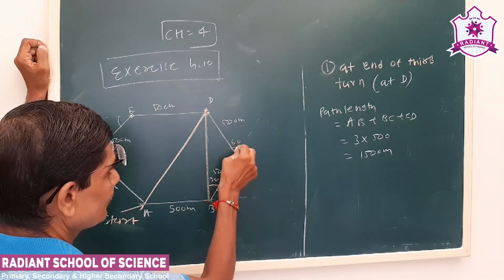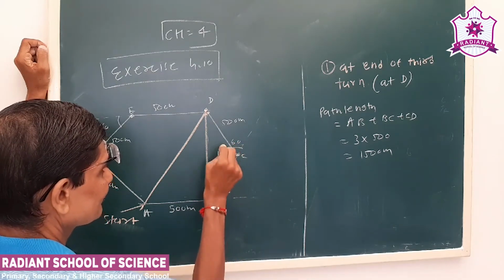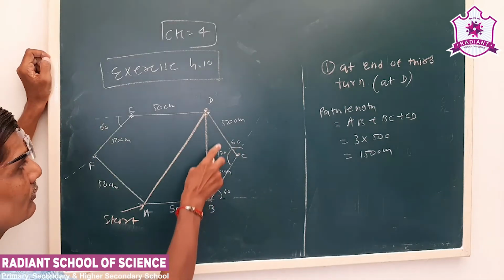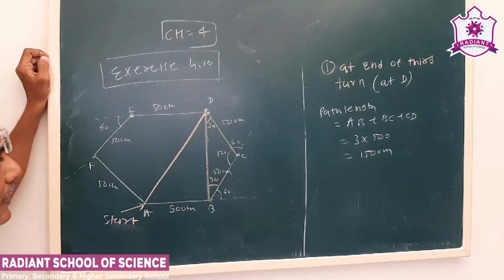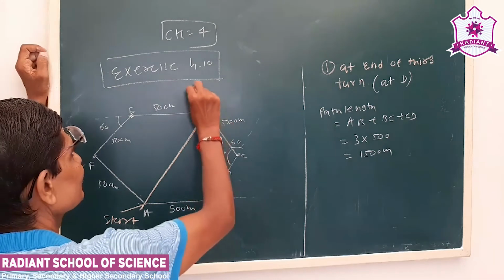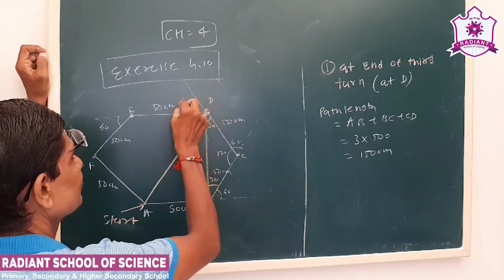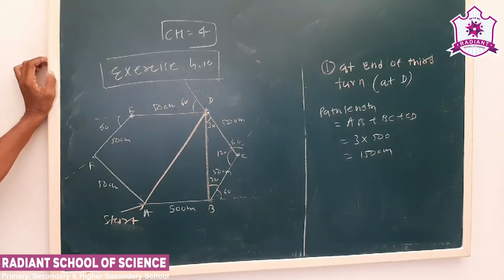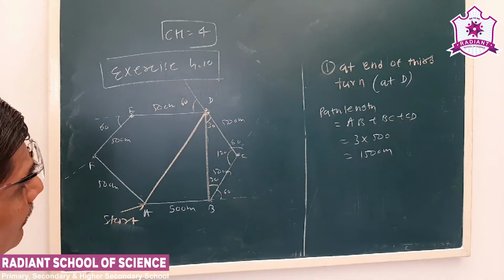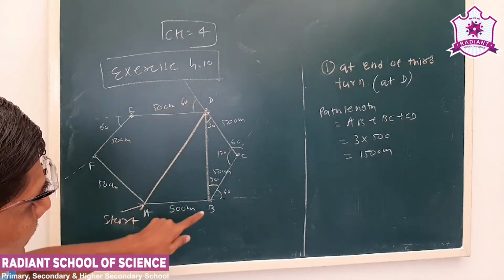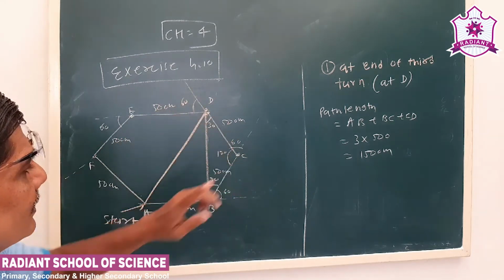So what will be this angle? 120. So what will be this angle? 120 plus 30. Now this is a 60 angle. Now we have got triangle BCD.